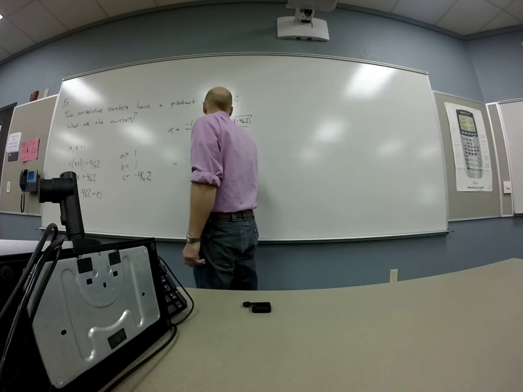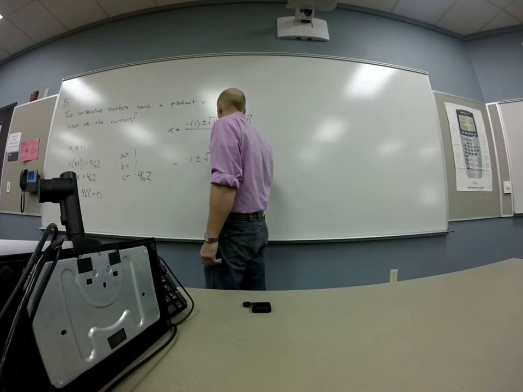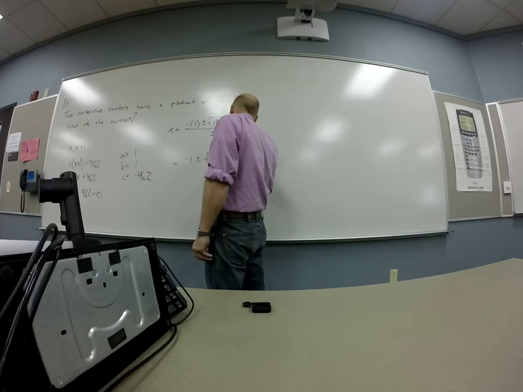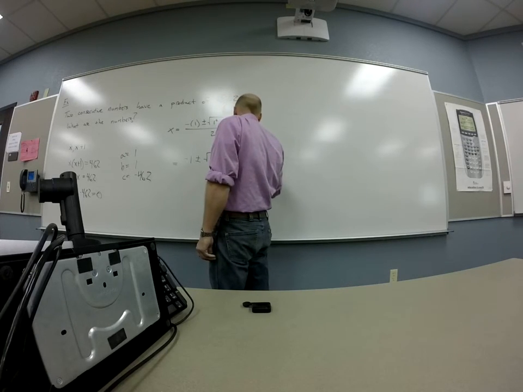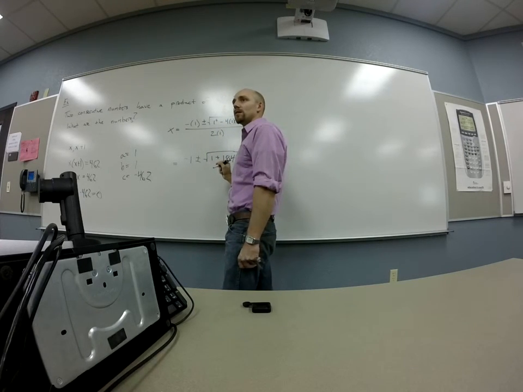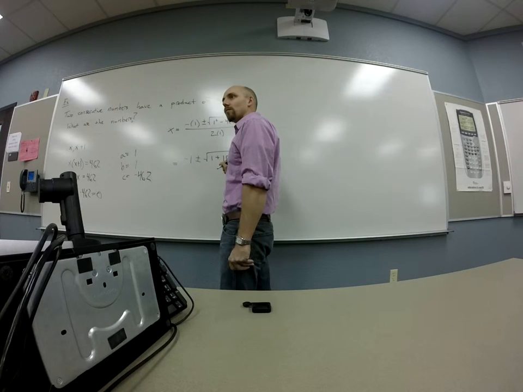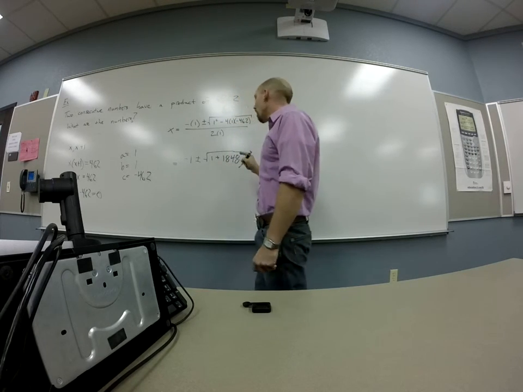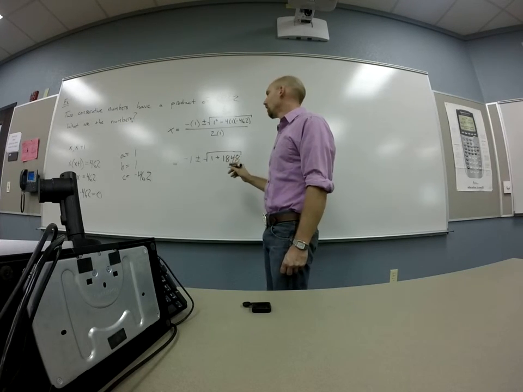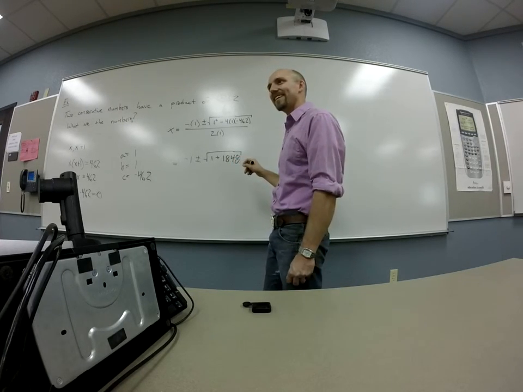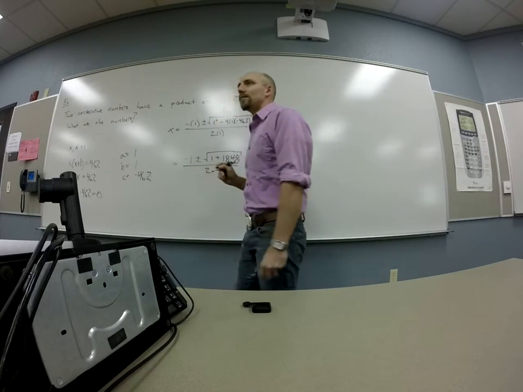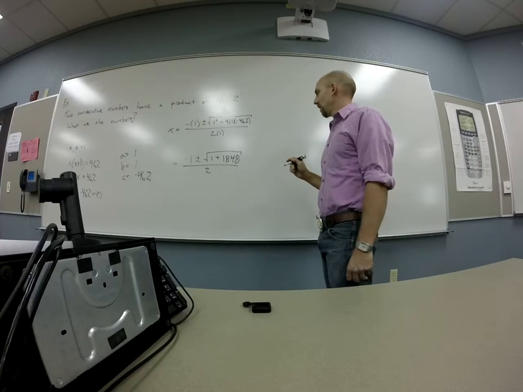Which is why you're going to lose your calculators. You may use a calculator on your test. I do not care. It will not help you, but you can use it. I'm not putting numbers this big on your test. And then all over 2. What else?